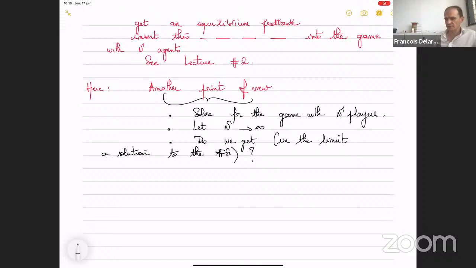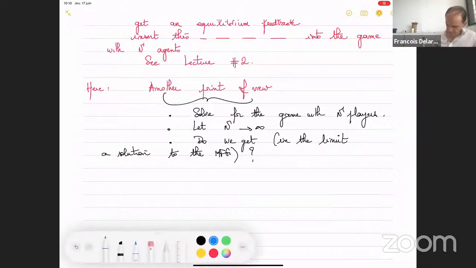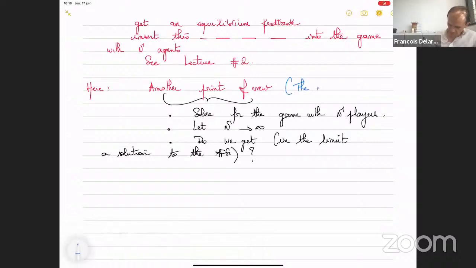If you read a bit of literature on mean-field games, this is exactly what people call the convergence problem. This is another way to make the connection.